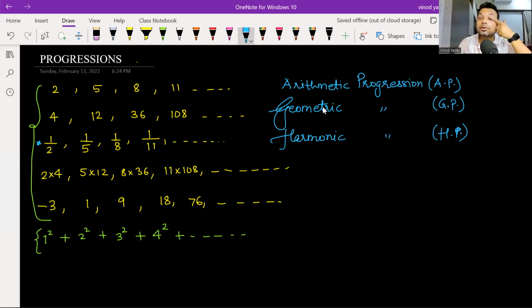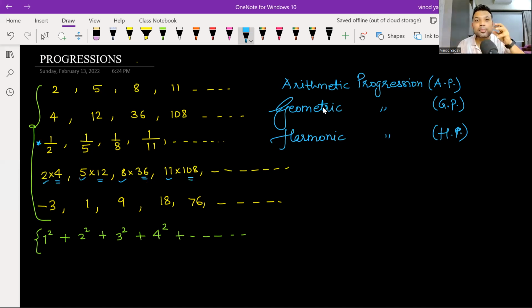Now the next one, if you see, every term is like a product of two terms. I've not written the values, I've just shown you the structure so that you can identify the terms easily. The first parts are the terms of an AP: 2, 5, 8, 11. The second part in every term is the terms present in a GP.